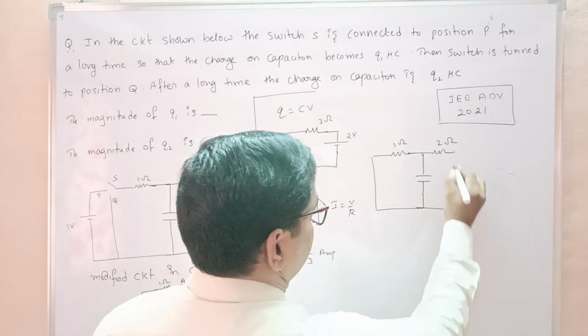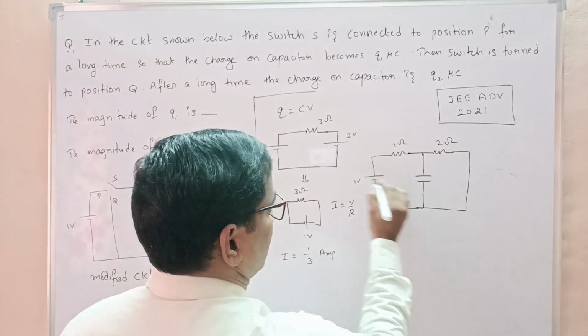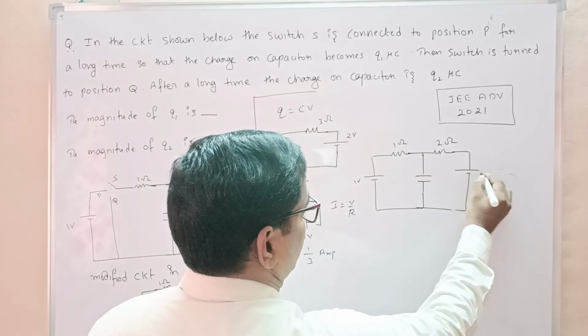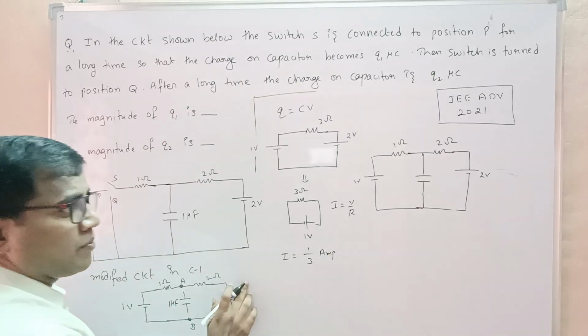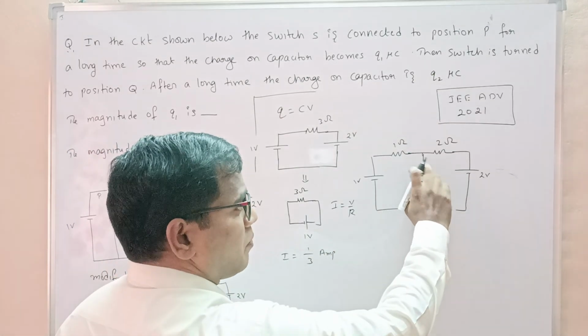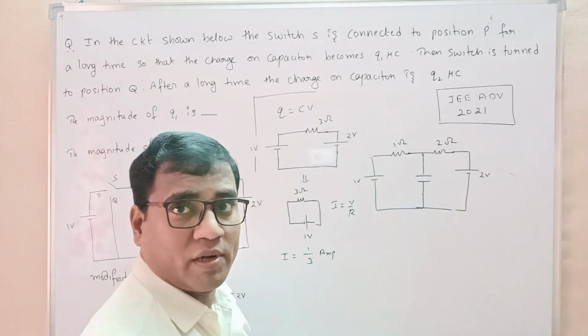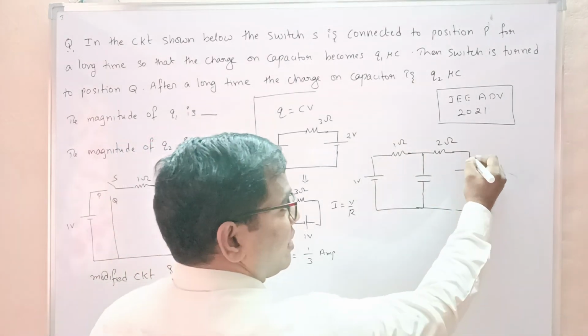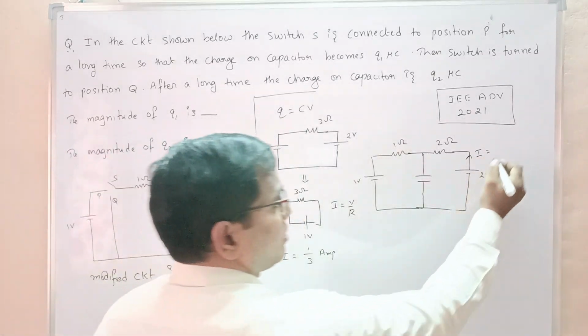And here 1 volt potential, and here 2 volt potential. After a long time there is no flow of current through the capacitor, but current is flowing in this direction since 2 volt is the higher potential, and the current is I, which we got as 1 by 3.